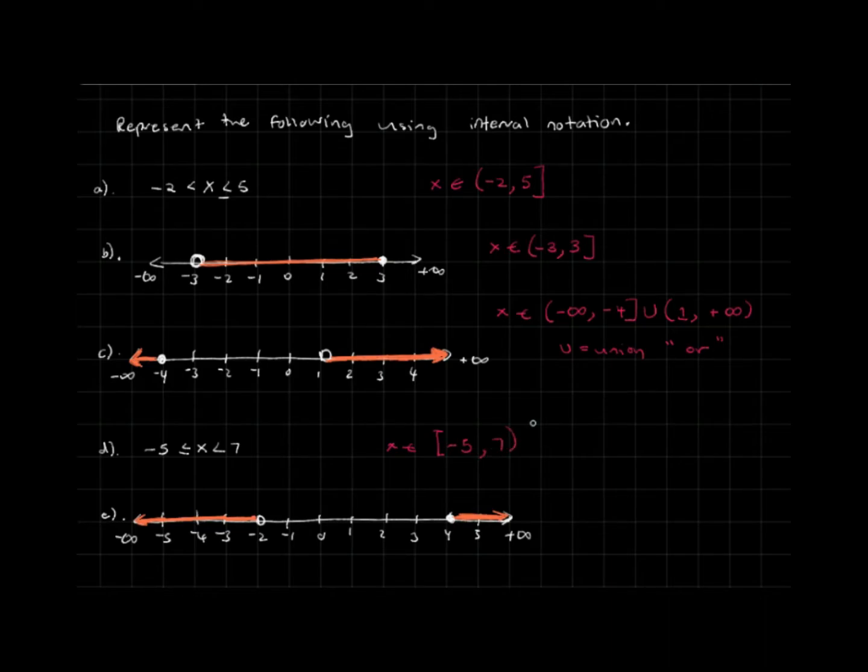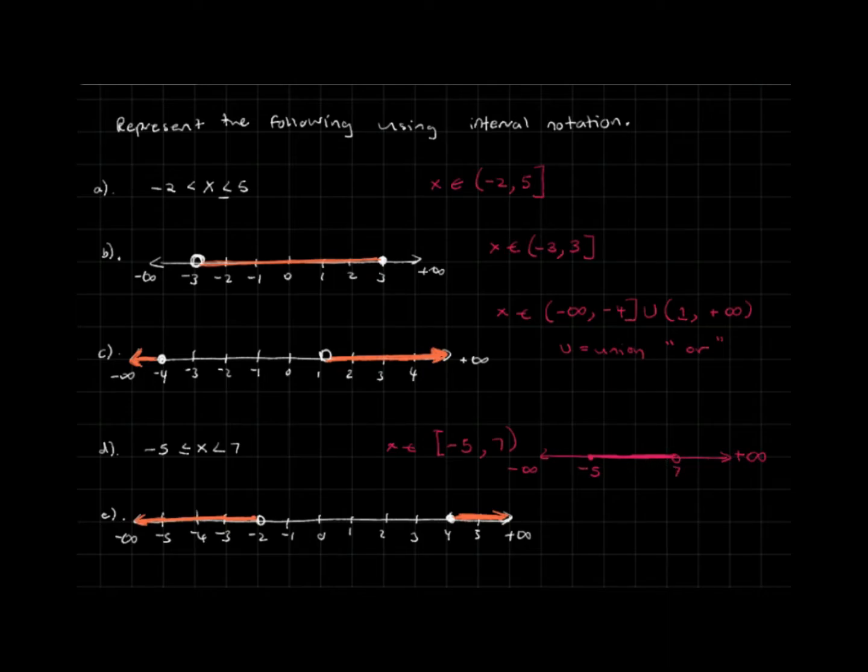If we did draw this out, I'm not going to draw this to scale, but this point here would be negative 5, and this would be 7. This would be positive infinity. You can see that I'm basically addressing all of this. So it's everything within this interval, and it's not inclusive of 7.